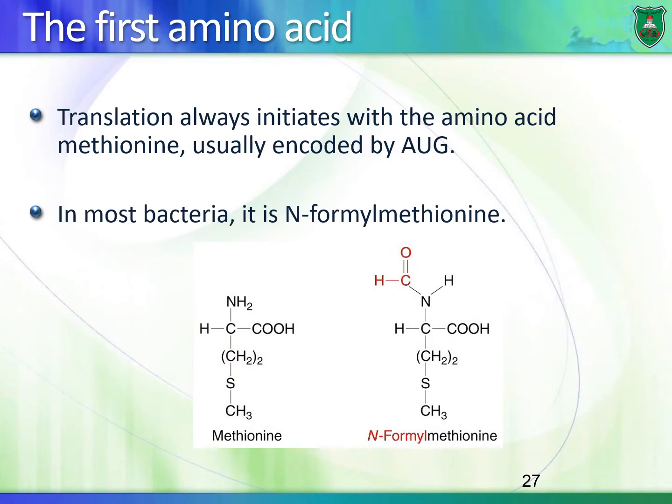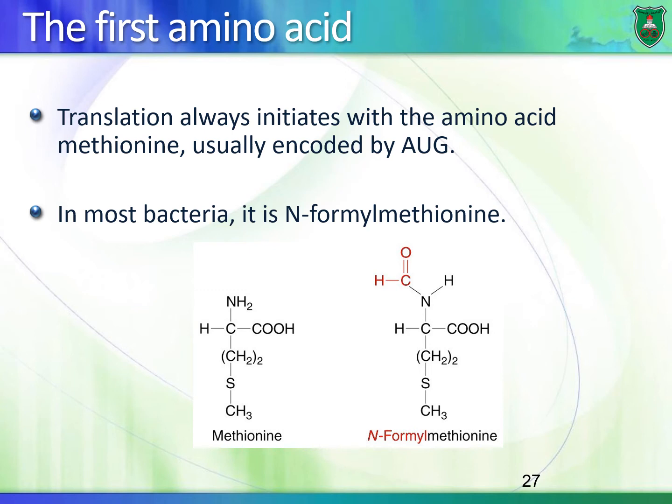Now, in bacteria, the first codon, as I said, it's the same as in the human genome, by the way, is AUG, and it codes for a methionine, and methionine has only this codon right here. Now, in most bacteria, the initiating tRNA does not carry a methionine.